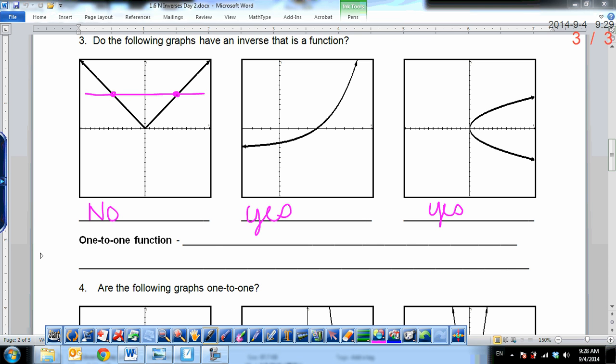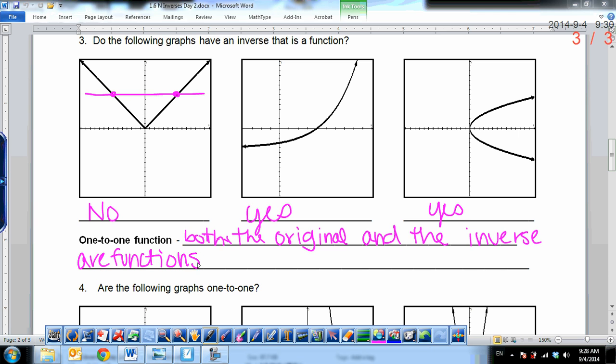Okay, so one-to-one means that both the original and the inverse are functions. Meaning it has to pass both tests, right?